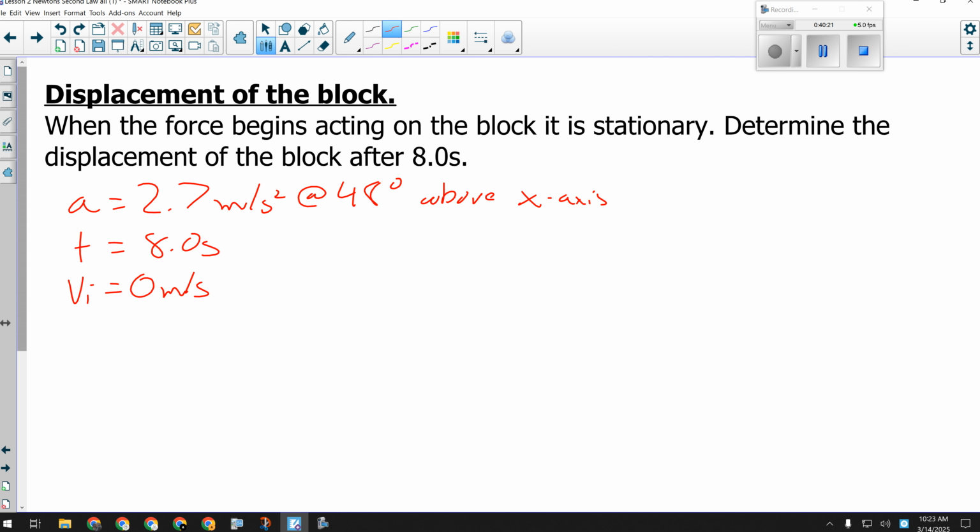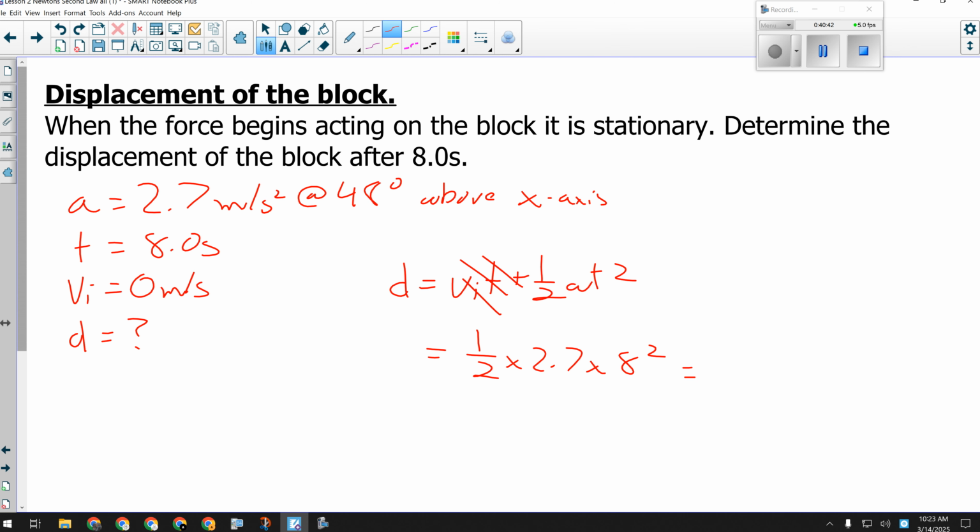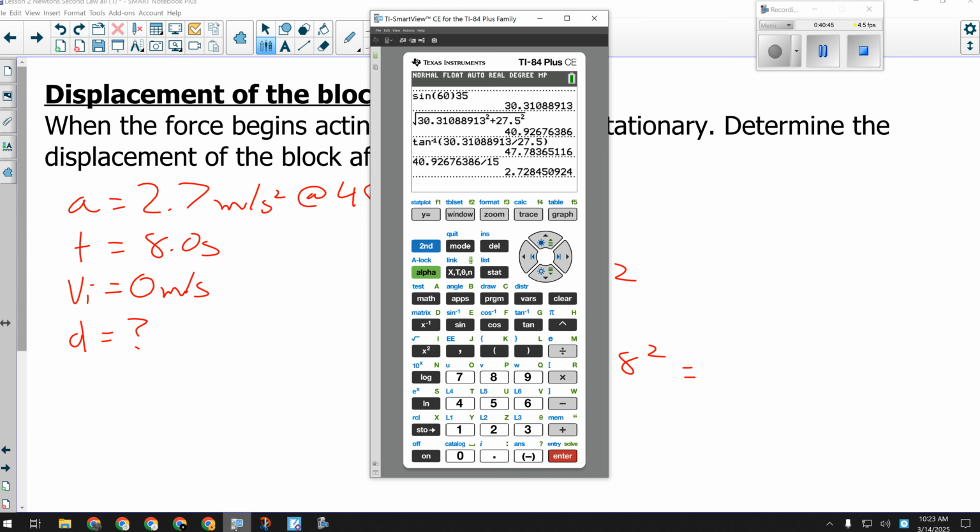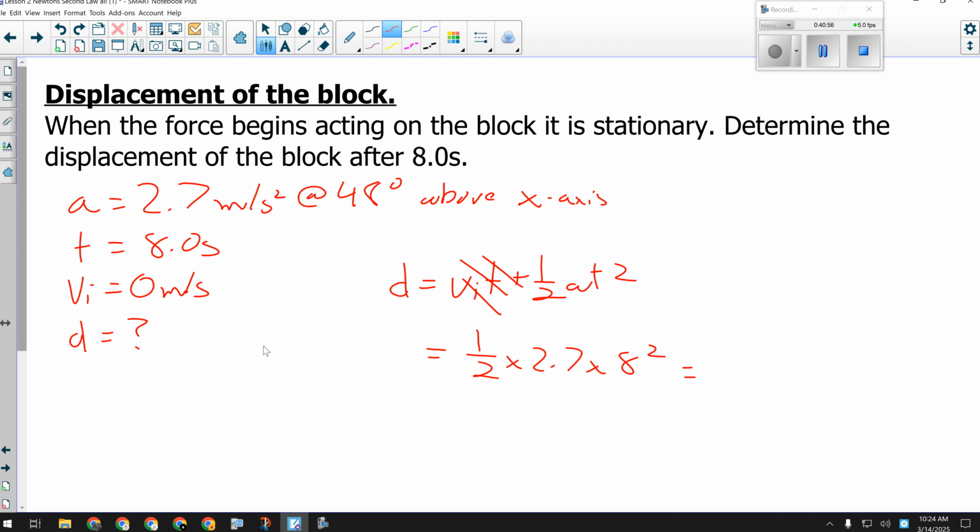With those three things, can I get displacement? So we'll have that being 0. That just goes away. So 1/2 times 2.7 times 8 squared. To 2 significant digits, my displacement will be 86 meters.